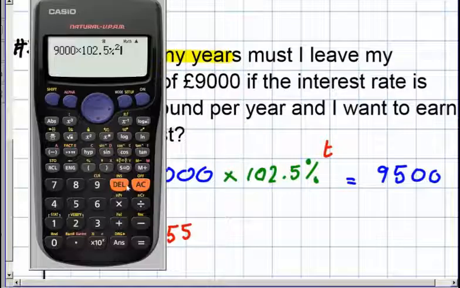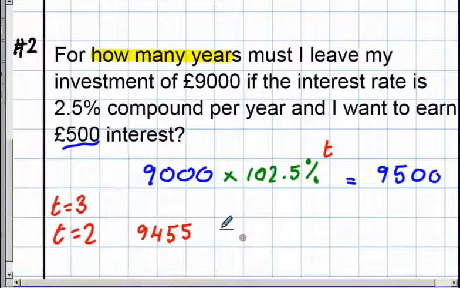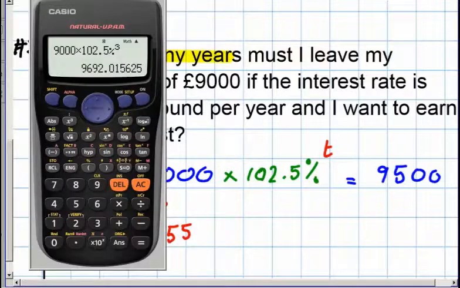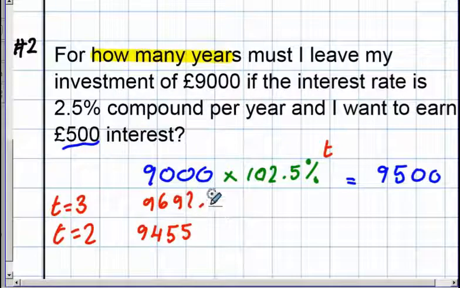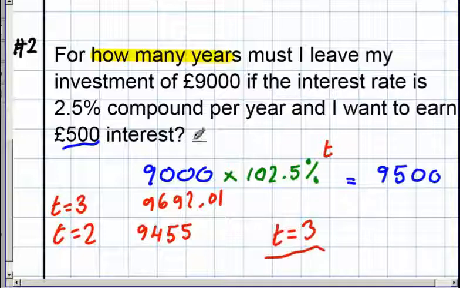The original guess, which was a pretty good one, gave us 9,692.01. So how many years would I have to leave it for if I wanted to earn £500 interest? 3 years, yes. So t equals 3. Now, it's not a very good question. The question should have said, I want to earn at least £500 interest.